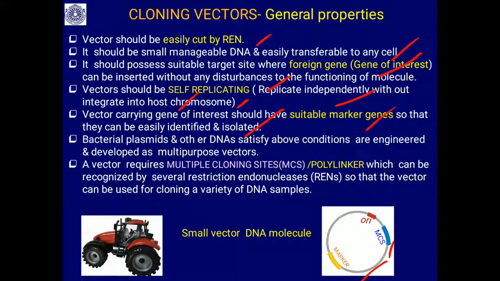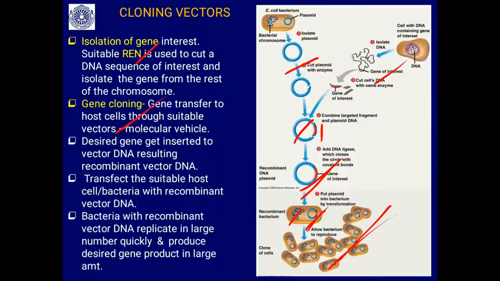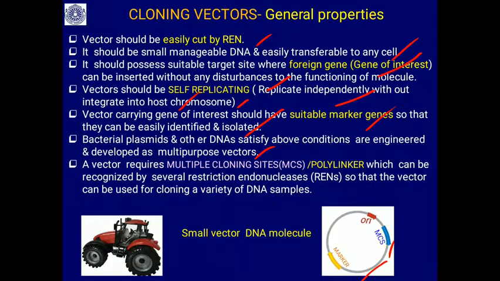Then bacterial plasmids and other DNAs that satisfy the above conditions are engineered and developed as multi-purpose vectors. The several vectors I showed here, the different types of vectors, are engineered vectors. They are originally taken from some prokaryotes or other cells, and they are engineered, meaning the required sequences of DNA are attached. So the vector requires a multiple cloning site or a polylinker. These are the general features of a vector.